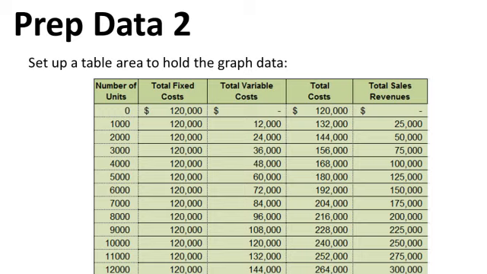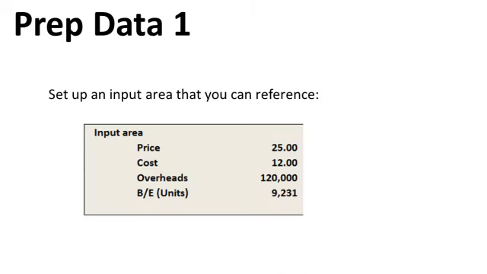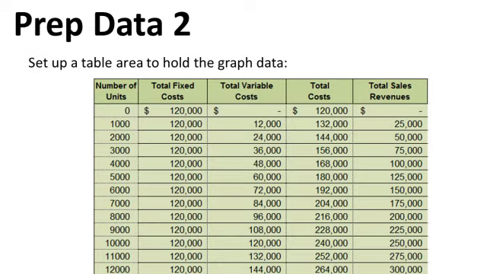We've formed a table. We have number of units down the side. Total fixed cost is 120,000 a month. It doesn't change. That's why we call them fixed. Our variable costs, which from our previous slide you can see our cost is $12. So it's actually the number of units times the variable cost gives us the total variable costs.